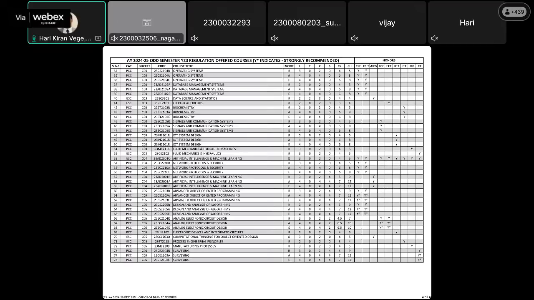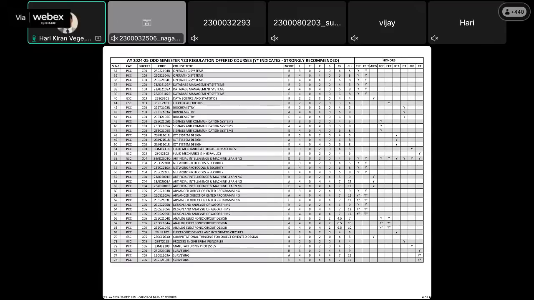Similarly, the C5 bucket. The C5 bucket is a bucket of, again, core courses which also have a skill component, right? So when you go through the C5 bucket, there are a few recommendations given to you in terms of Y stars.